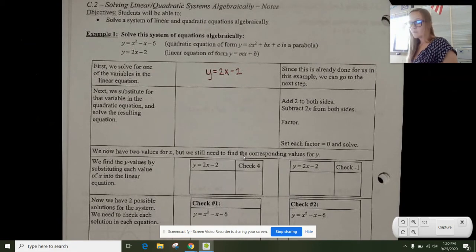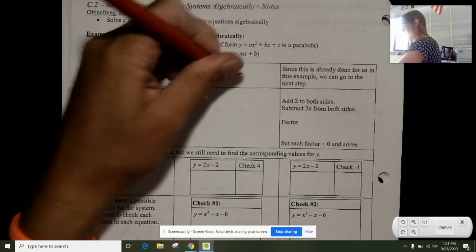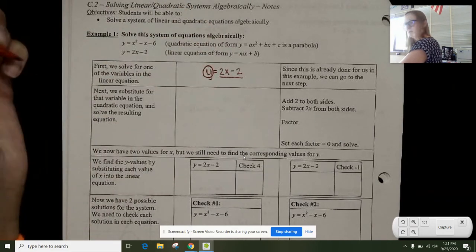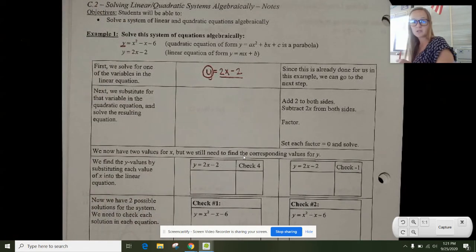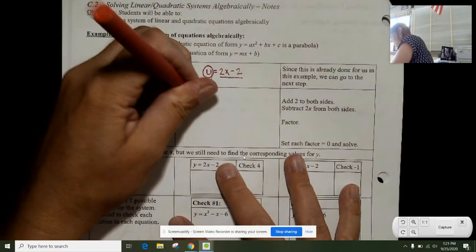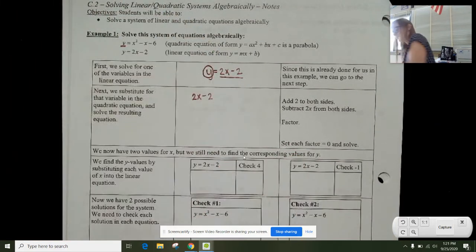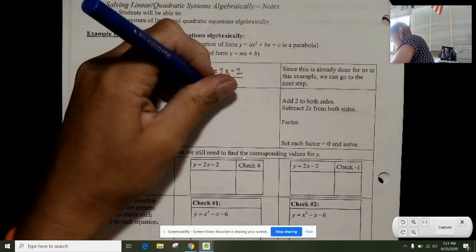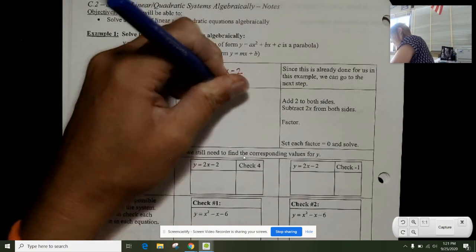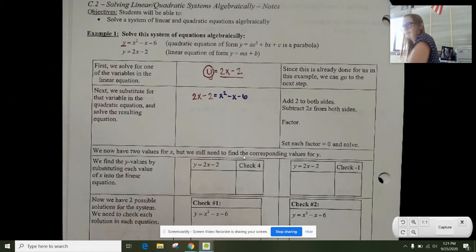For those of you who know my style, I like to circle the variable that I have isolated and underline what it equals. And I'm going to underline where I'm putting it in the other equation. So in my new equation, I'm going to have 2x minus 2 in place of the y. And the other side is going to stay the exact same, equals x squared minus x minus 6.